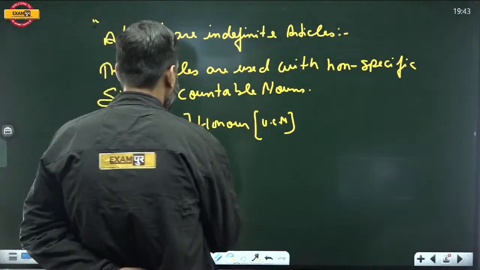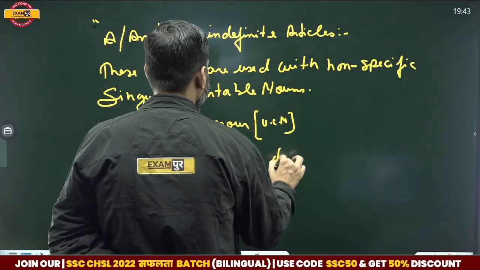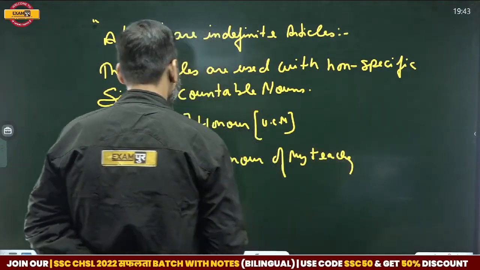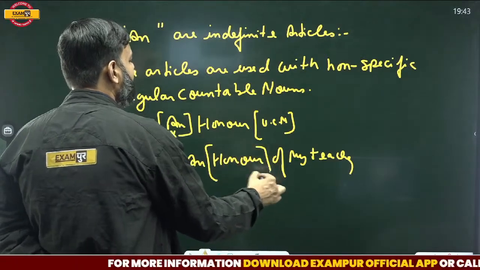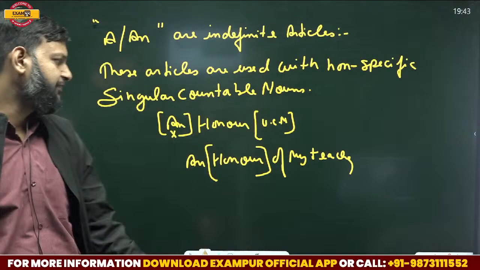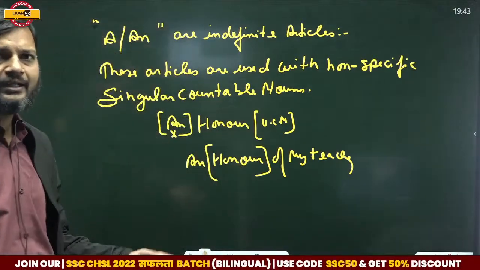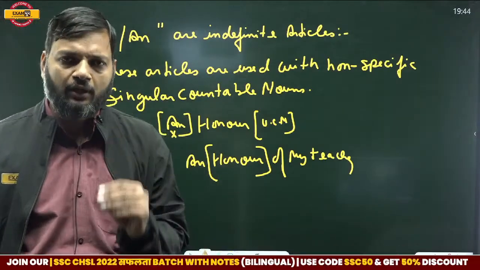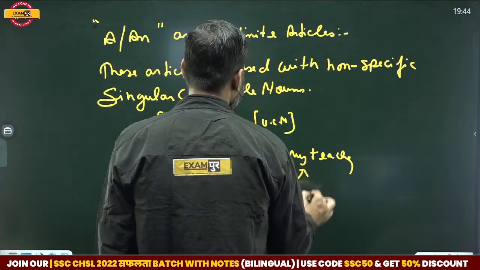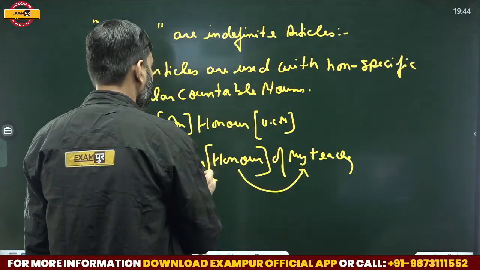And if I write an honor of my teacher, here honor has been identified. Here the use of honor is specific. Here I am not talking about honor randomly; I am talking about honor which is particular, related to my teacher. So here also the use of an is wrong.